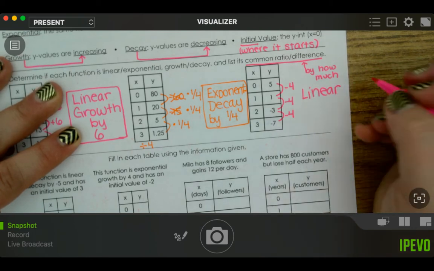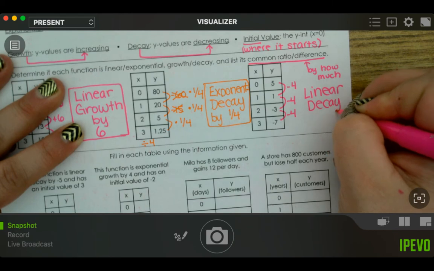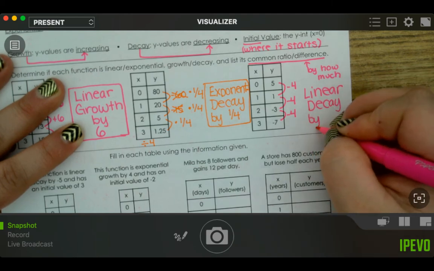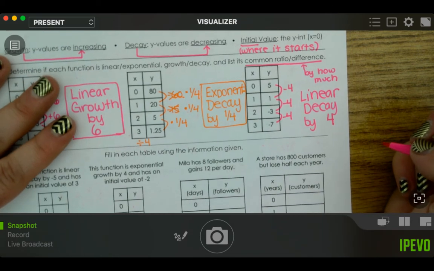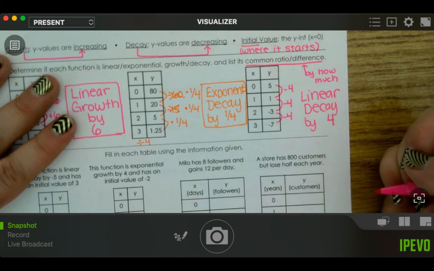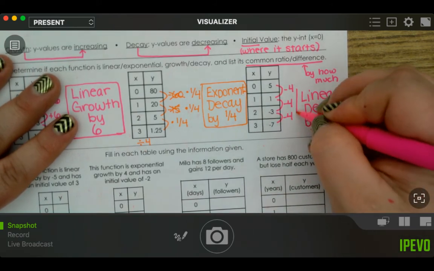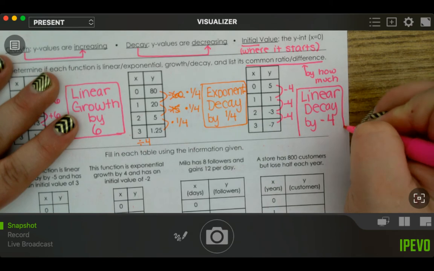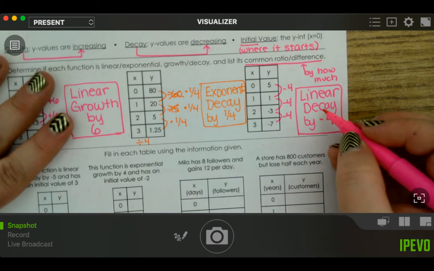And these numbers are going down, so that'll be linear decay by. And then there's two options you can technically do here. You could just write 4, because the fact that it says decay means that you're going down 4, not up 4. Or you could write by -4. A lot of people will just say that's being redundant or saying the same thing twice because decay is already there.